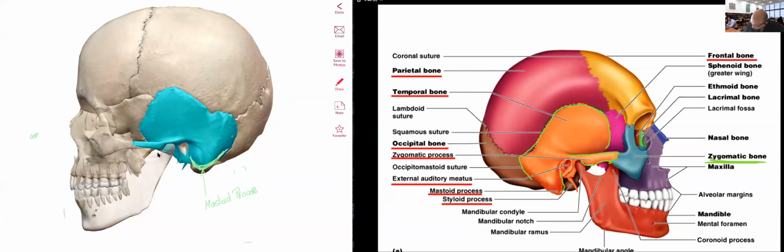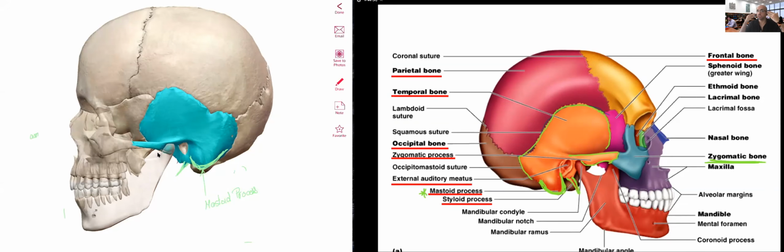Mastoid process. This is my mastoid process on here. Just anterior to it, you've got a pointed, thin, long process that is located anterior and medial to the mastoid process.